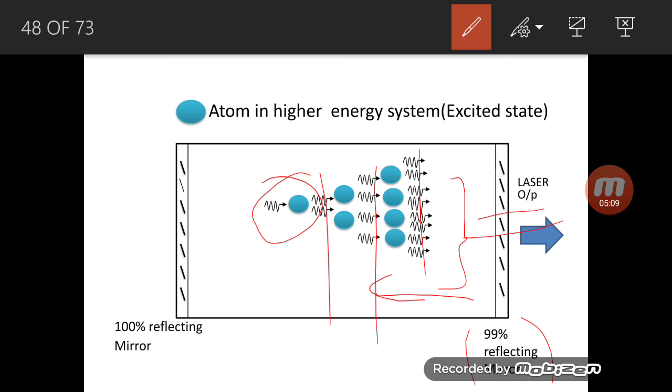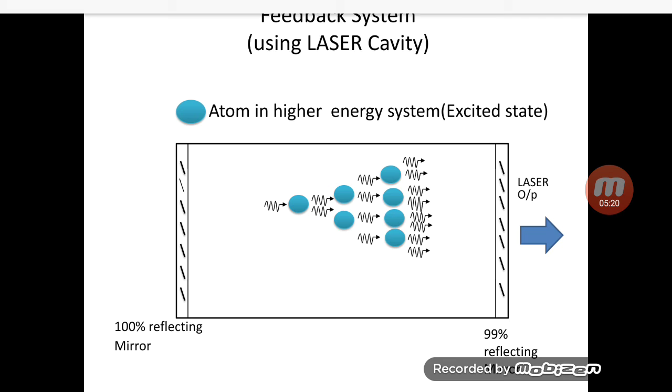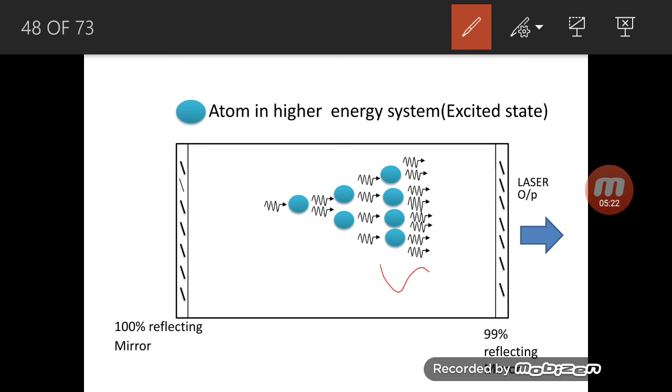Once the photons are reflected back, they in turn stimulate the other atoms in their path. That means if one of the photons is reflected back, in its path there is an arrangement for the photon to interact with the excited state atom. So this is the excited state atom.